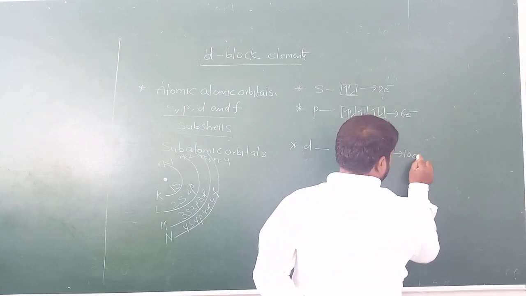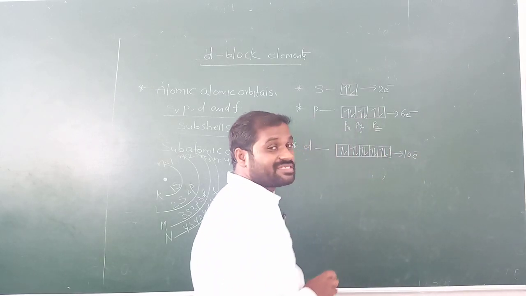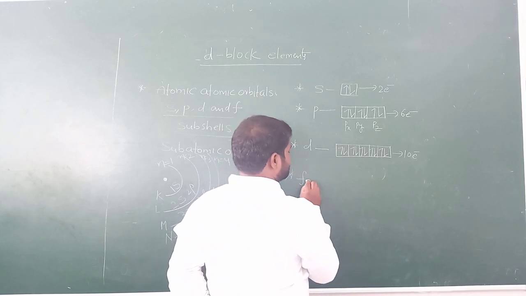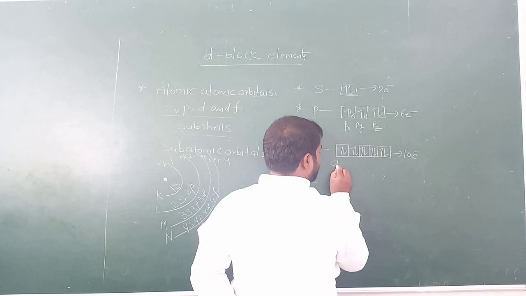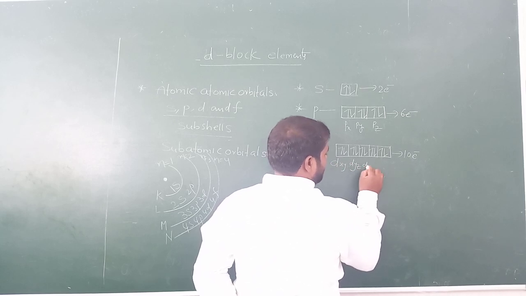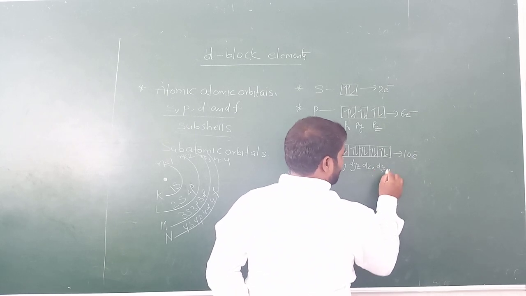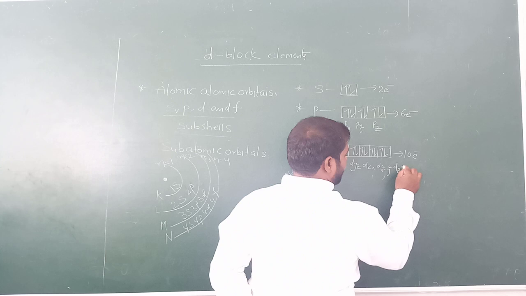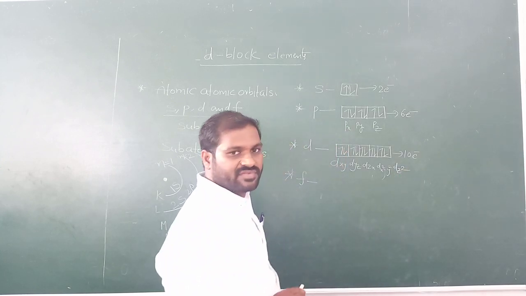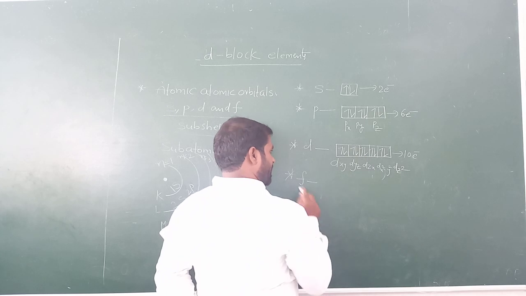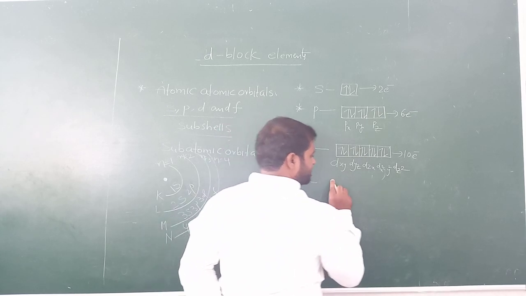Maximum filling of electrons in the d orbital is 10 electrons. And come to the d orbitals: dxy, dyz, dzx, dx square minus y square and dz square. Okay, these are the 5 d orbitals. For f orbitals, we have 7 suborbitals.